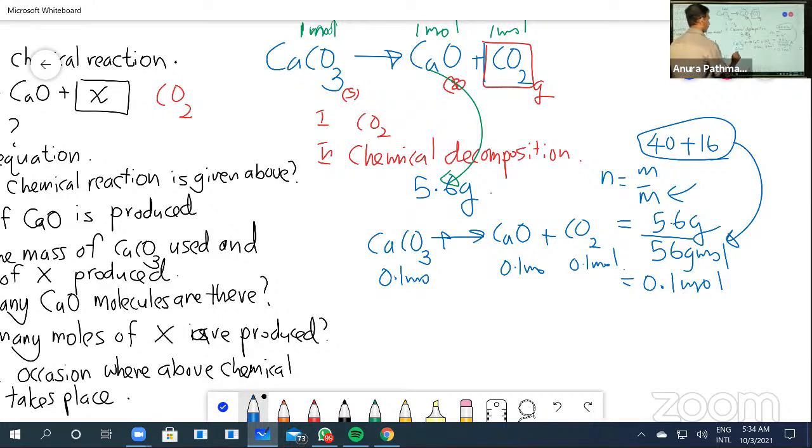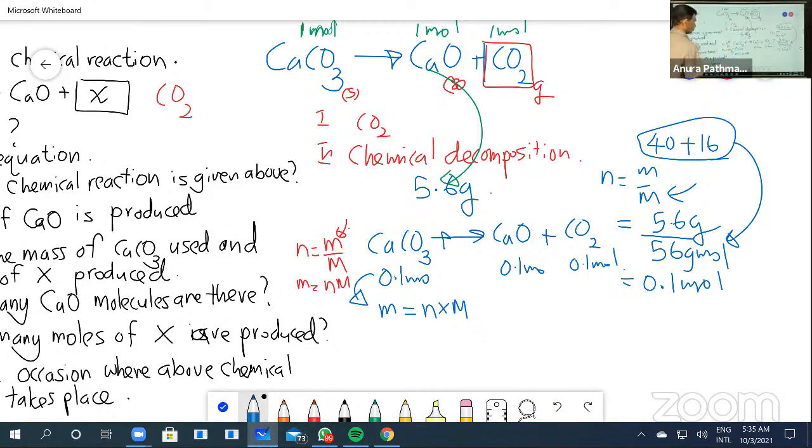Now my question is the mass of calcium carbonate used. So convert this into m. m equals n capital M, because I can take n equals small m over capital M and make small m the subject.